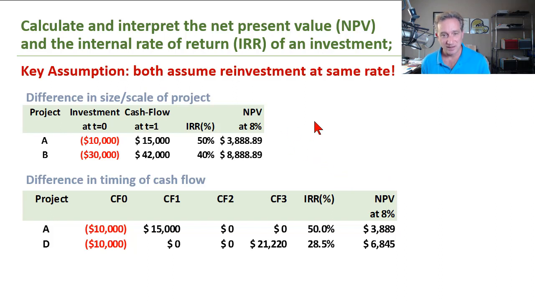And I will say that, again, I alluded to this before, that's always true of the IRR. With respect to the net present value, it's just the basic flavor of net present value. There is nothing that keeps us from discounting all of the cash flows at the same discount rate. That's just this basic version.